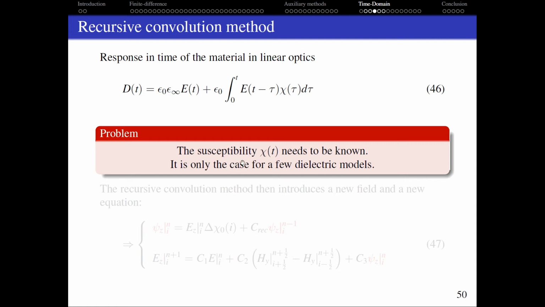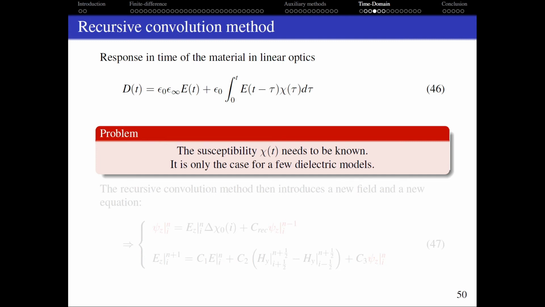That means we are restricted to a few of them, and for instance, it can be very complicated to describe some semiconductors with this, because you don't really find a dielectric model that is going to fit the refractive index properly. Also, that means that you can't just put in your calculations, for instance, the refractive index you got in experiments.